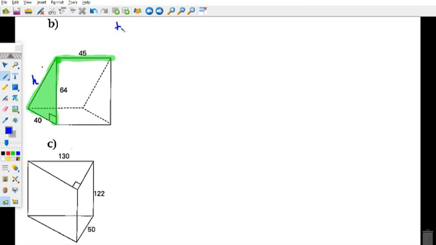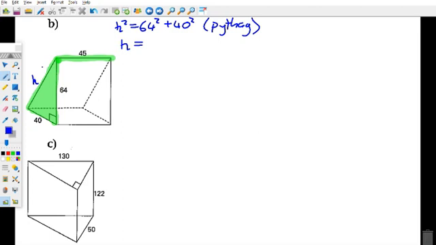We're going to say hypotenuse squared is equal to 64 squared plus 40 squared. And important, Pythag. You must say Pythagoras. If you don't, it's wrong. So work it out. h is therefore equal to the square root of 64 squared plus 40 squared.